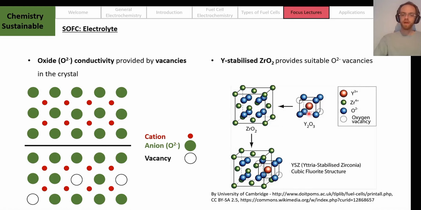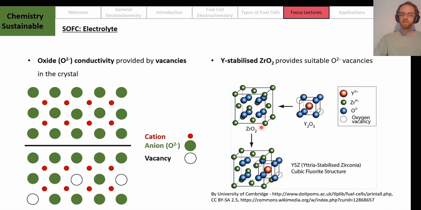So by substituting part of our zirconium, for example this zirconium on this outer side, with yttrium, as you see it down here in this combined structure, we have to kick some oxygen out of the structure.